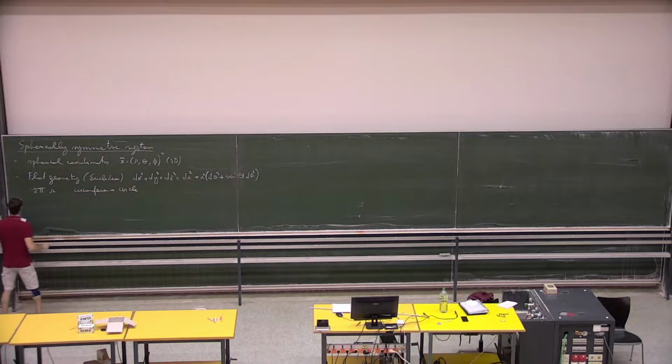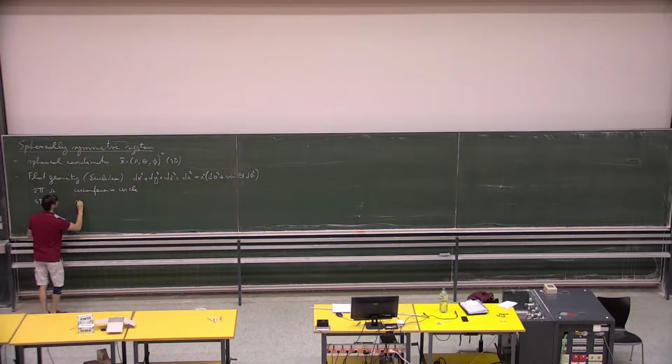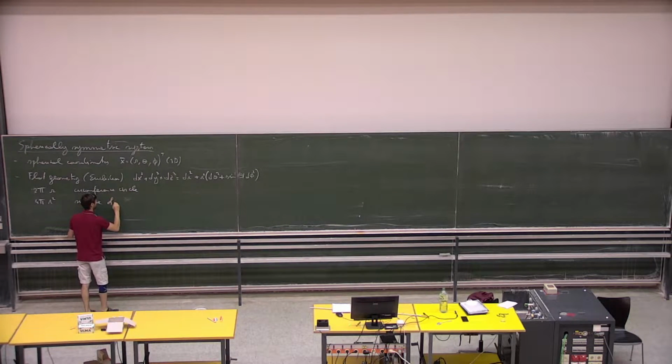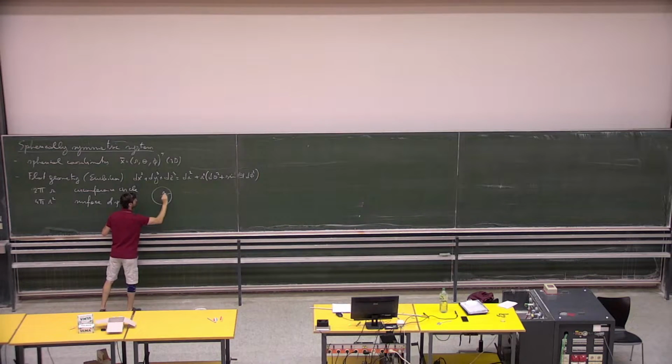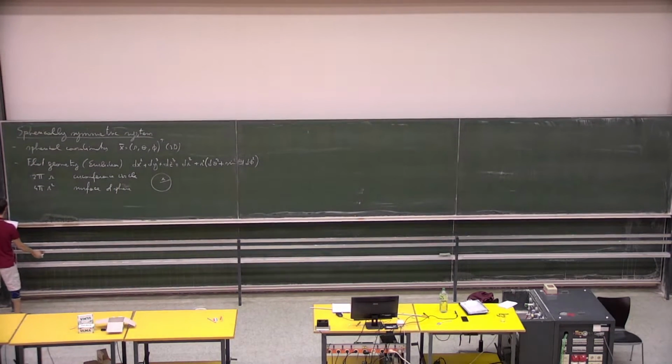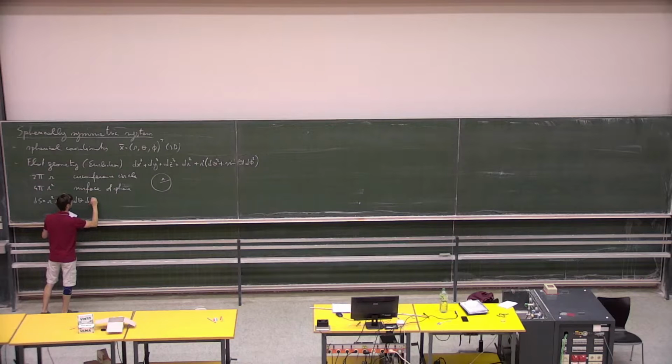If we want to measure the surface of a sphere, it is going to be 4 pi r squared. And the infinitesimal element of a surface, dS, is going to be r squared sine of theta d theta d phi. That's flat geometry.